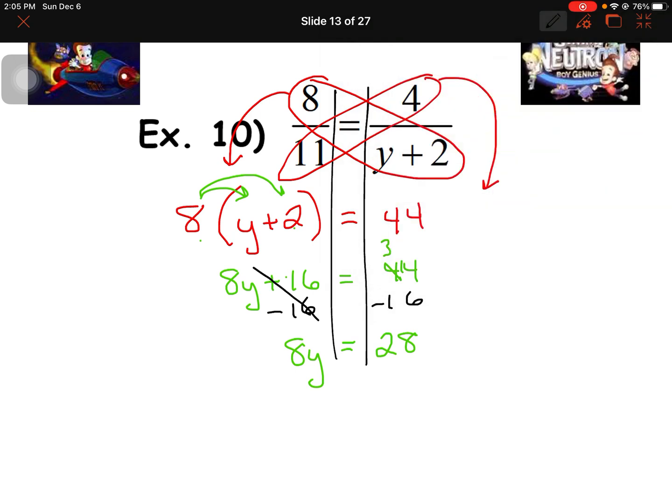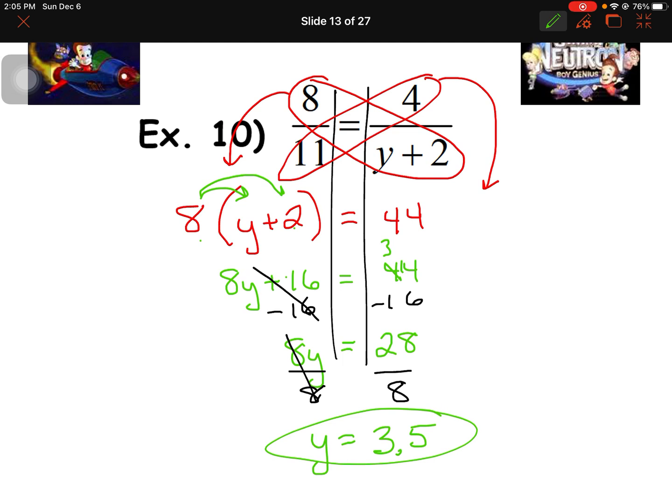So we're going to divide both sides by 8 this time, and you're going to be left with y equals, and at this point, you guys can take your calculator and go 28 divided by 8, and you're going to get 3.5, okay? Or you guys could have said, well, 8 goes into 28 3 times, which is 24, and you'd have 4 left over, which is the same as 3.5, okay? So either way is acceptable, okay?